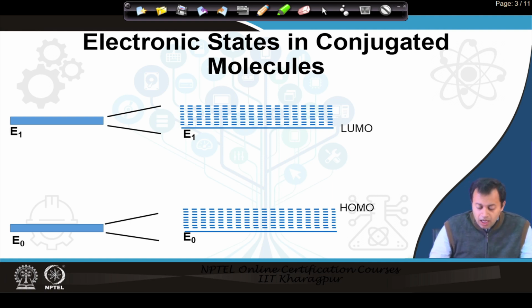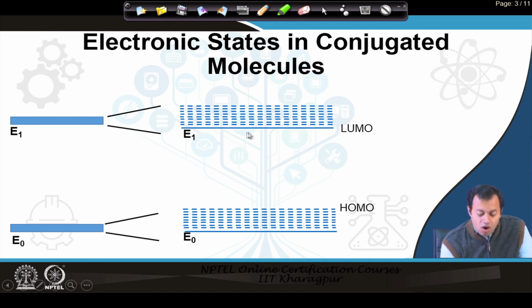So, the highest value of the ground state is the minimum energy, we call it HOMO, which stands for highest occupied molecular orbital. And LUMO stands for lowest unoccupied molecular orbital. This is for the excited state. E0 is the ground state, E1 is the excited state.